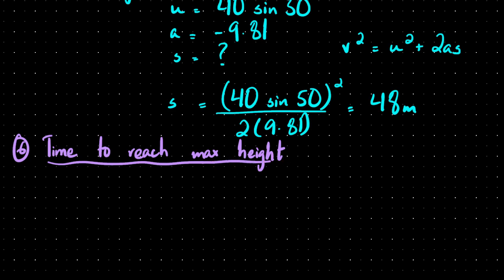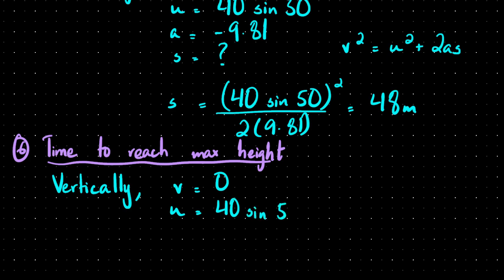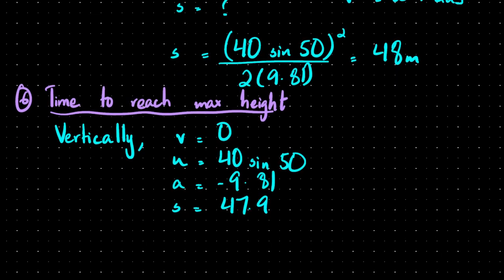What I mean by this is vertically again, because we're talking about the maximum height, vertically we know that the final velocity must be 0, initial velocity must be 40 sine 50, a must be negative 9.81. We've also found s as 47.9 meters, and the only thing which is now left for us to find is the fifth variable, which is time.